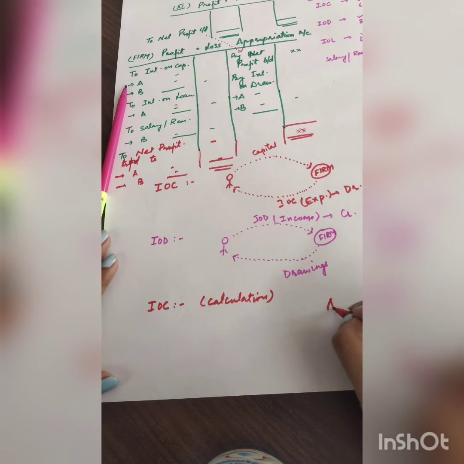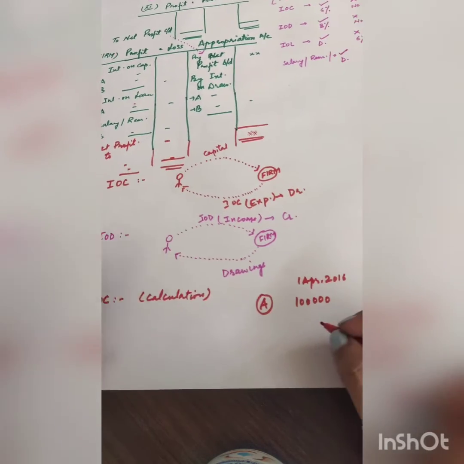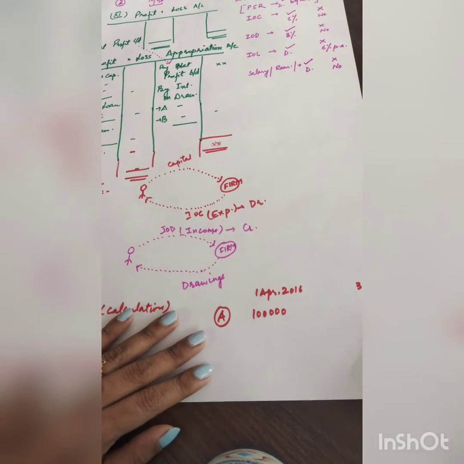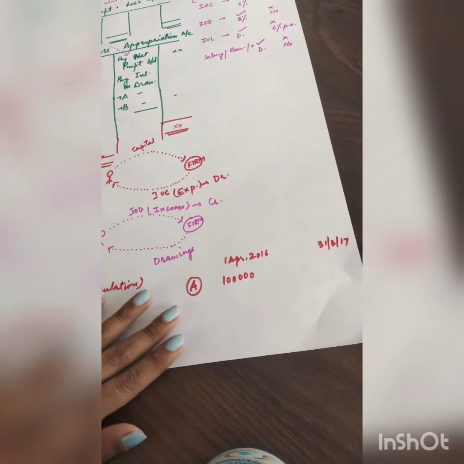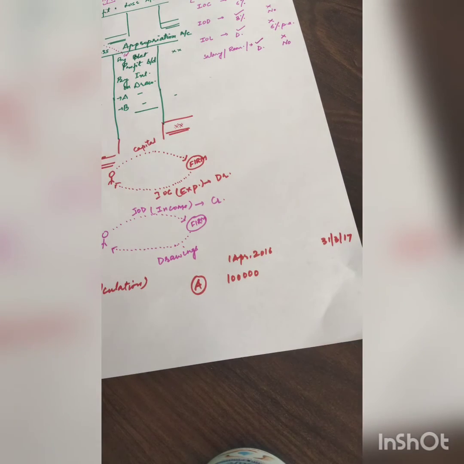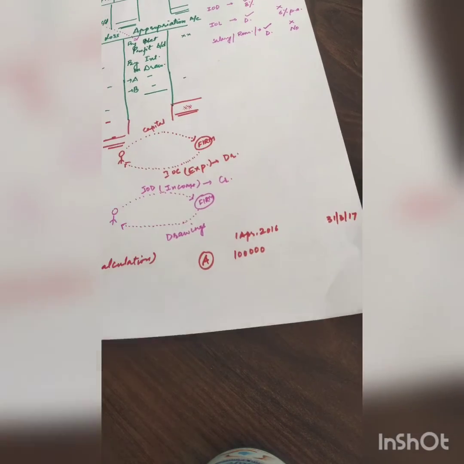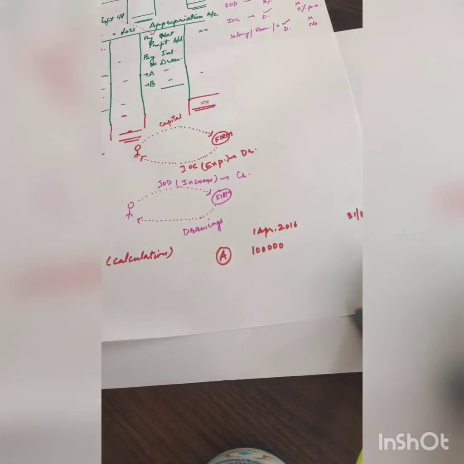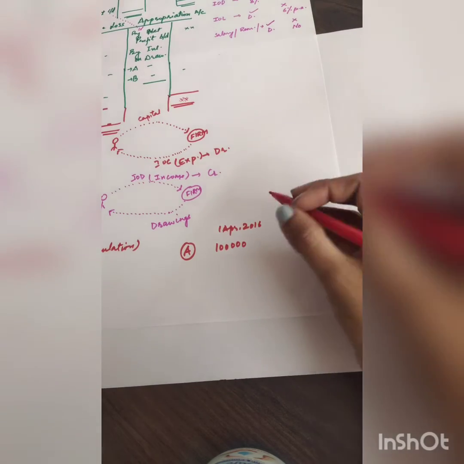Now suppose there is a partner A. He has contributed 1 lakh on 1st April 2016. Now, on 31st March 2017, we want to find the interest on capital of this specific partner A. When I calculate this, I also have to see that the interest on capital includes all the adjustments.